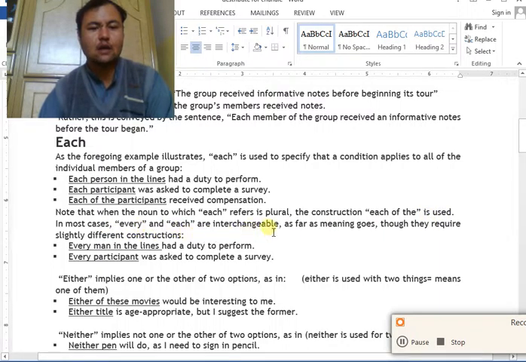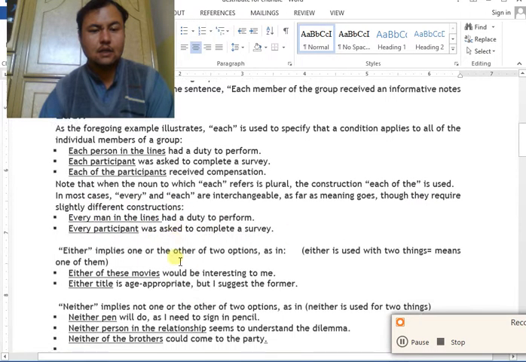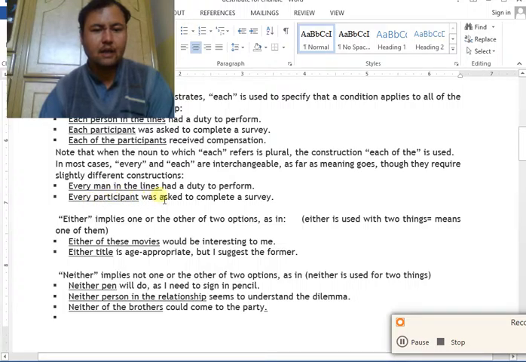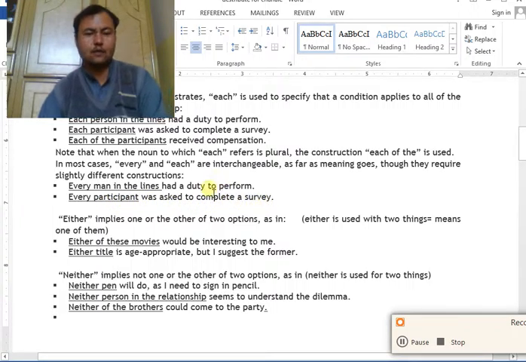Every and each are interchangeable as far as meaning goes, though they require slightly different construction. Every man in the line had a duty to perform, the same structure as each participant was asked to complete a survey.